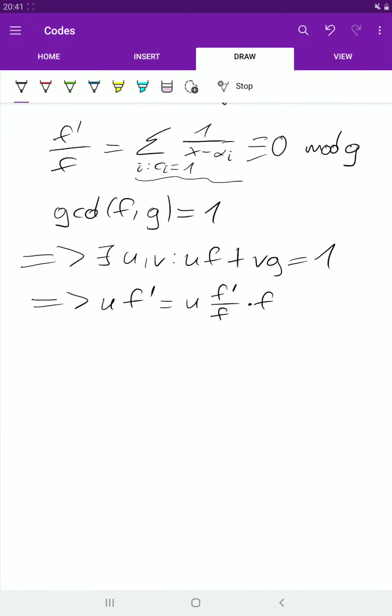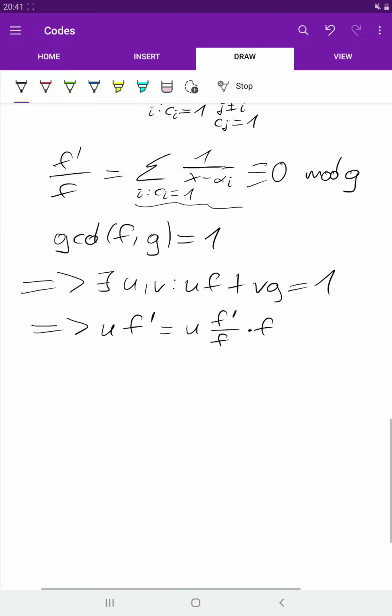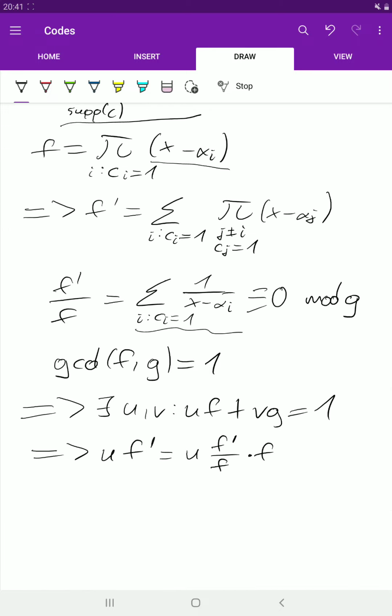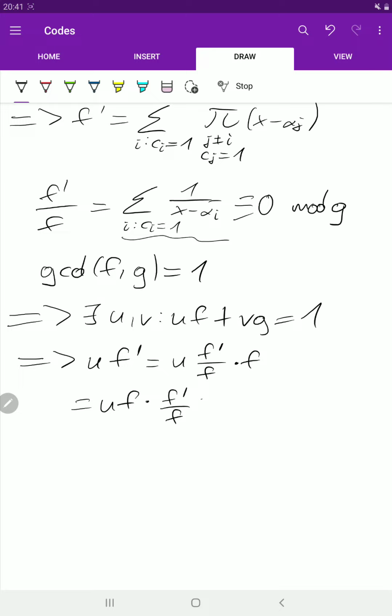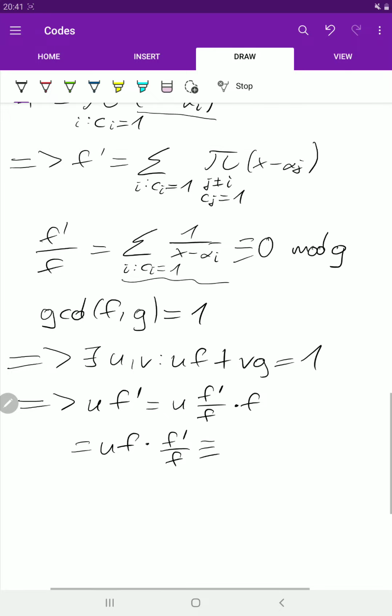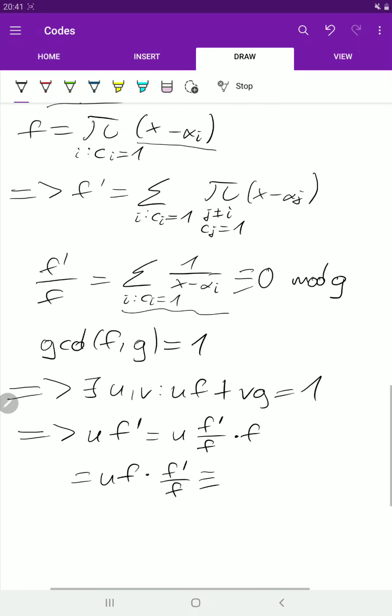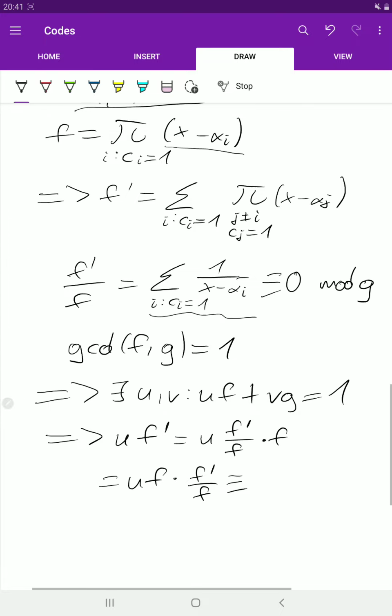Okay, and now let's see. We can also write this as uf times f prime divided by f. Now let's look at this modulo g. So let's see.